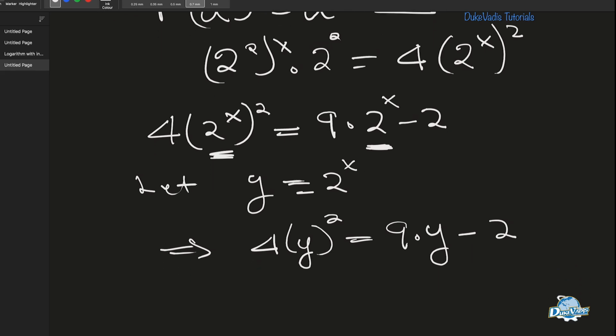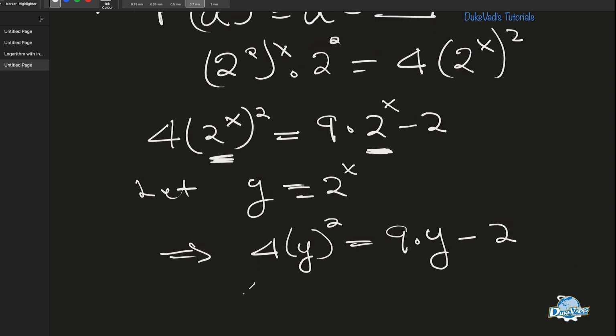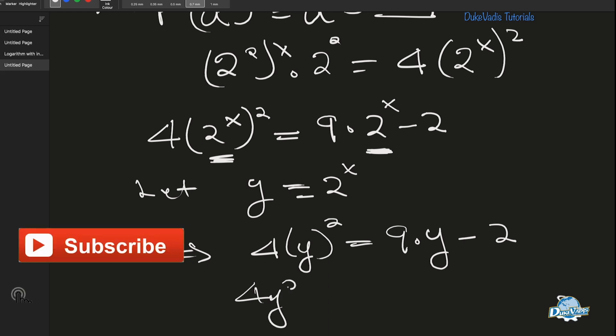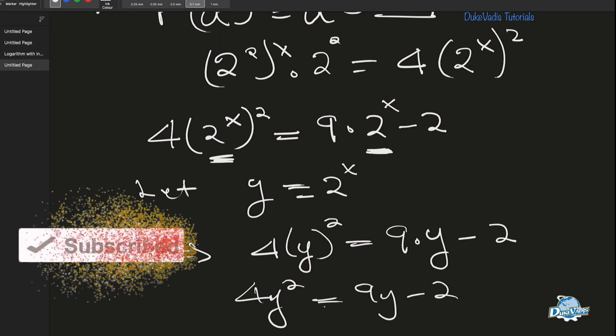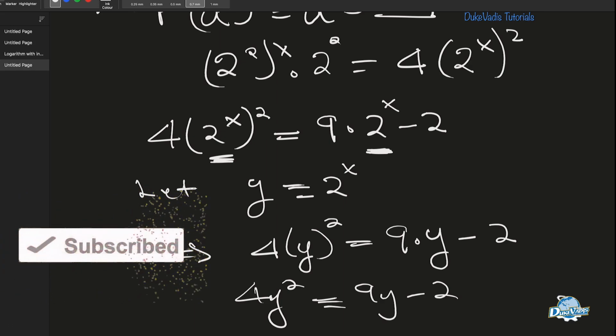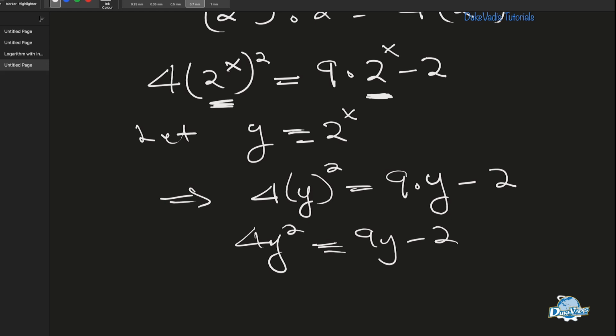Okay, and that will be 4y squared is equal to 9y minus 2. Let's rearrange this equation. Pull everything on the left. So then this implies that 4y squared minus 9y plus 2 is just equal to 0.